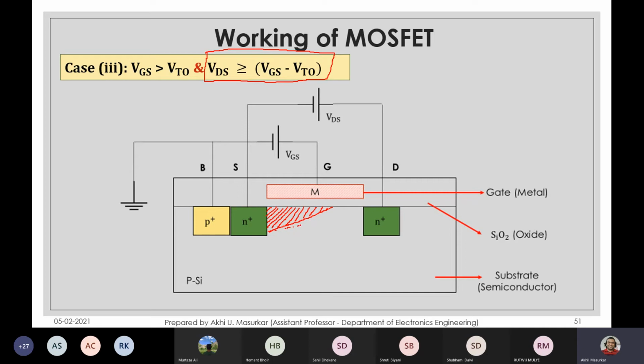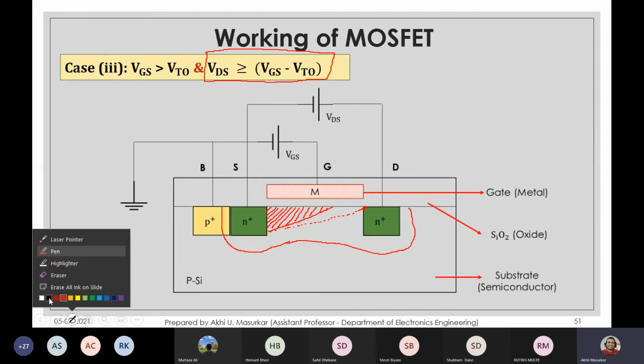At VGS minus VTO, it is just on the verge of pinch off. So here this channel is already pinched off, and here I am just showing it is on the verge of pinch off, and of course all this obviously happens only inside the depletion region. So that depletion region is always there when you actually show the channel.